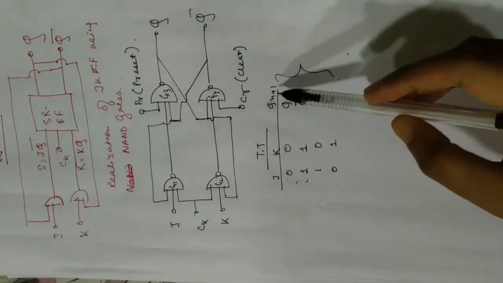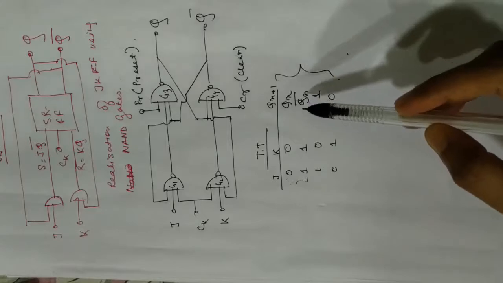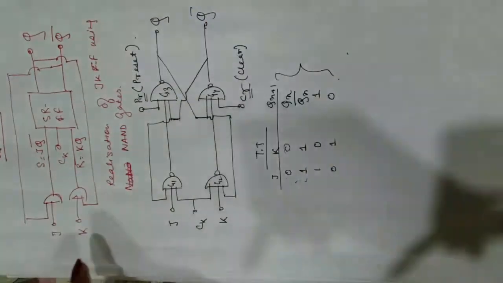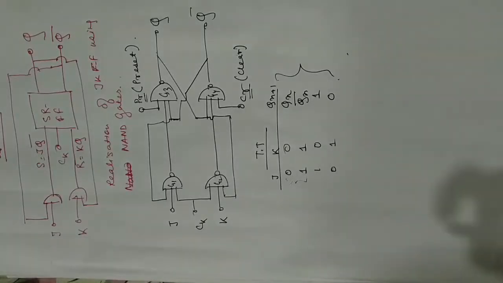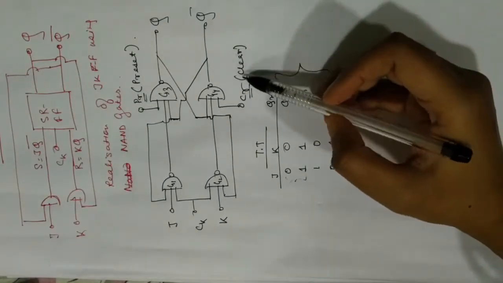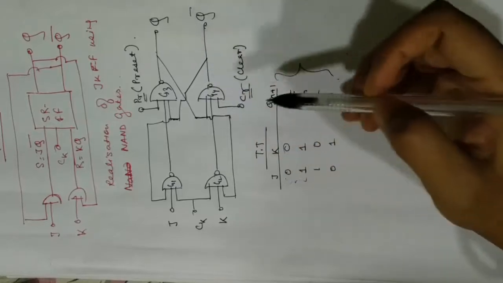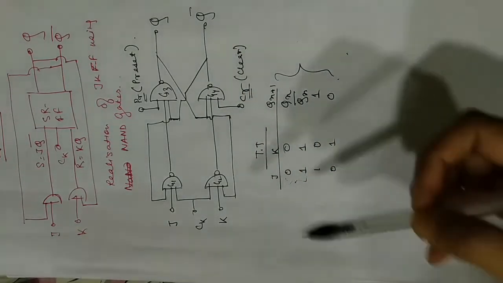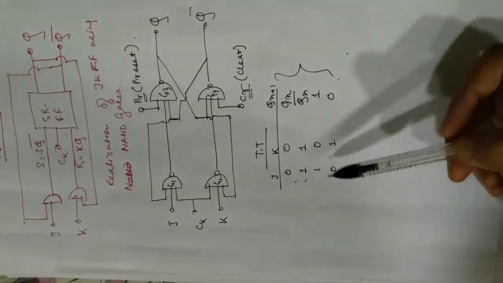When you need to specify these Qn to a particular value, you will need these clear and preset terminals. It is by using these clear and preset terminals that we fix the value of Qn and Qn bar, and then we can obviously go for the normal functions.